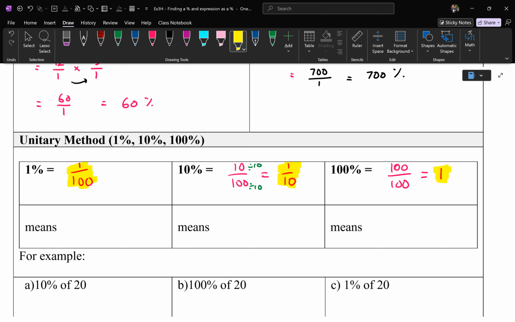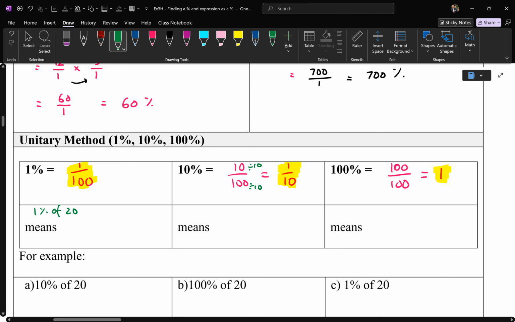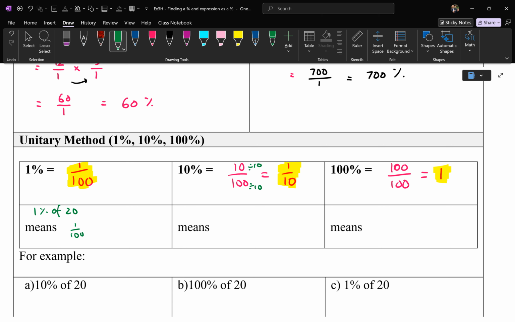What this means, when you say 1 over 100, what's interesting is that if I asked you what is 1% of 20, so here we go, let's say 1% of 20. If we wrote down what I said before, 1%, which we now know means 1 over 100, of means, what does of mean again? Multiply 20.